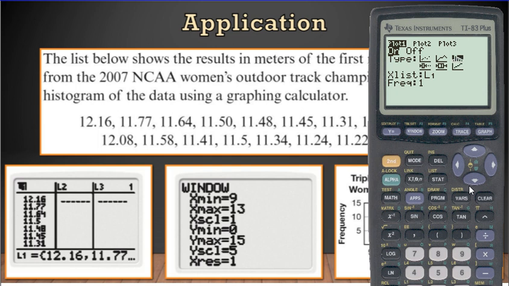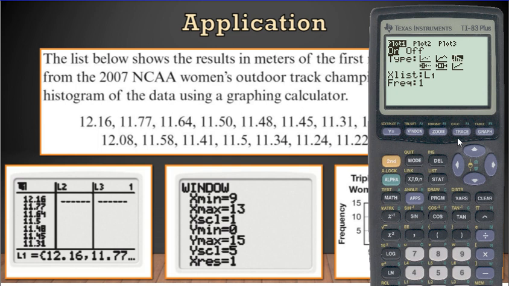And so that's what you see there on my calculator screen. If the X list setting is not L1, then you have to go down and then select a different option. So now to create the histogram, we're going to press zoom and select the number 9.